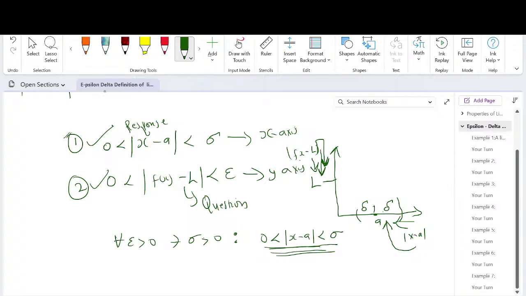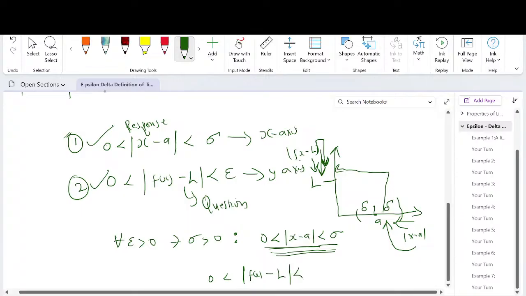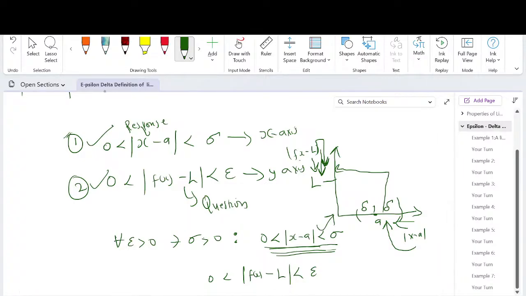then automatically you must get the closeness to the limit. So if this is true, then 0 will be less than the absolute value of f of x minus the limit, and it will be less than epsilon. So if this one is true, this is the closeness you must be to the given point, then this will be true.